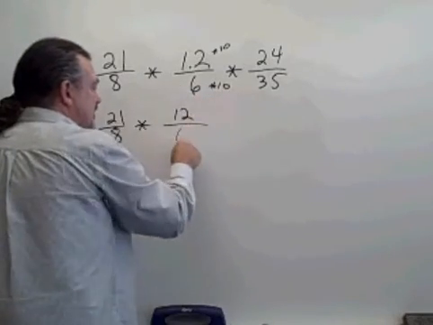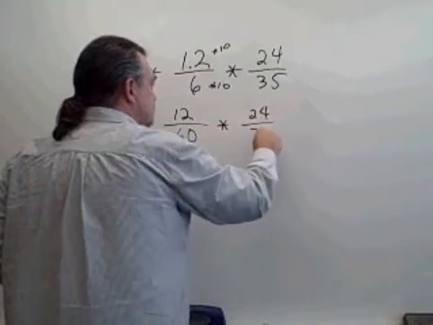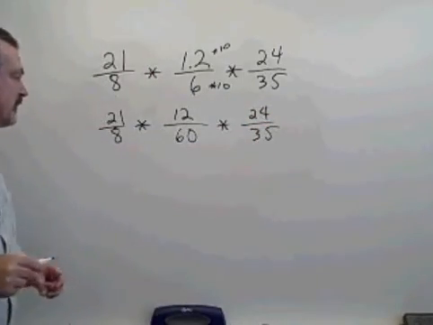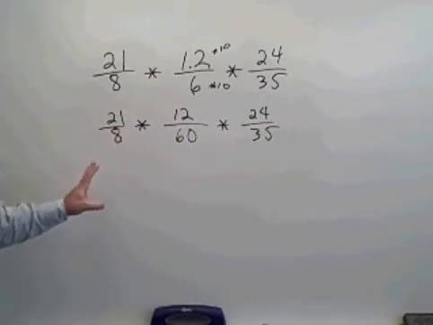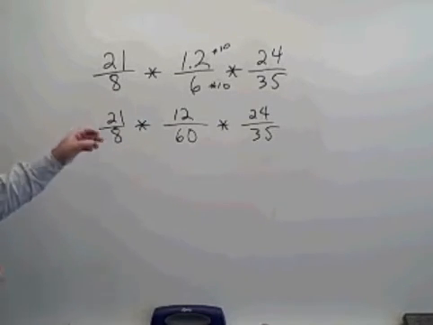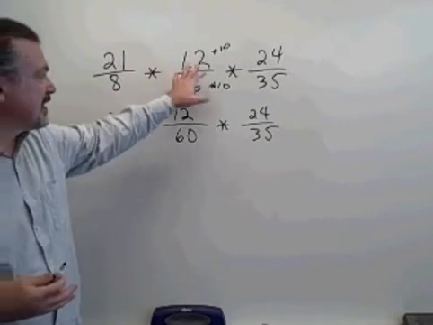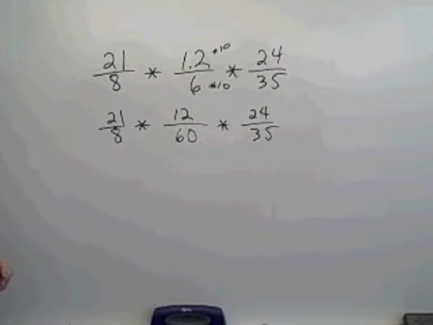And 6 times 10 is 60. And now all of my fractions have whole numbers in their numerators or denominators, which should make my canceling easier than if I were to try to cancel with that decimal number there.